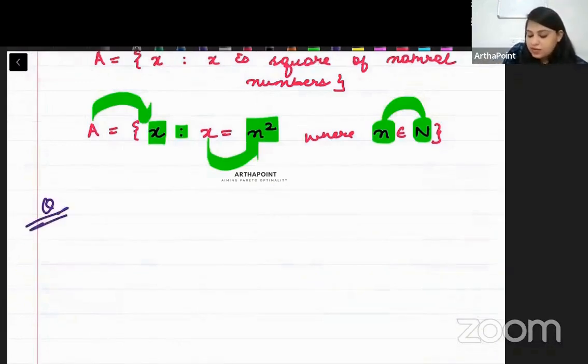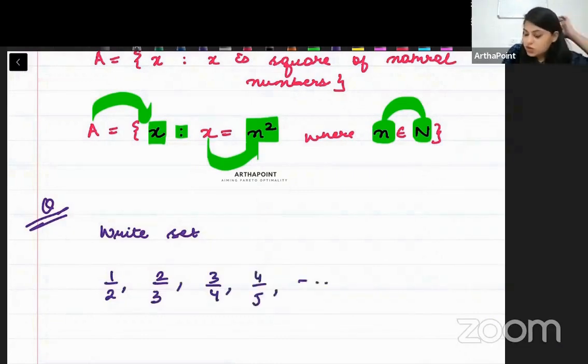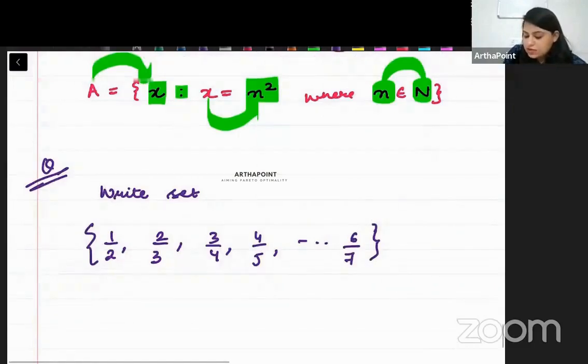So, write the set 1 by 2, 2 by 3, 3 by 4, 4 by 5, etc. till it goes till 6 by 7 in set builder form.